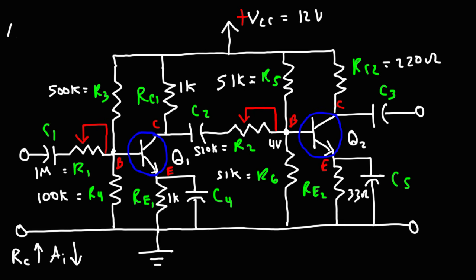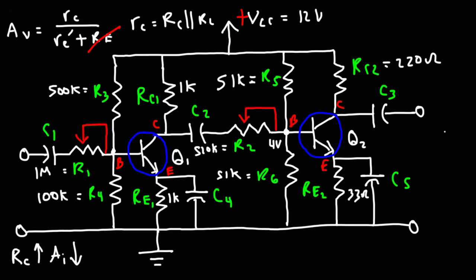As we said before, the voltage gain is equal to the AC collector resistance divided by the AC emitter resistance plus RE. Now granted, we've bypassed RE, so we don't need to worry about that. Now, RC is basically the collector resistance in parallel with the load resistance.